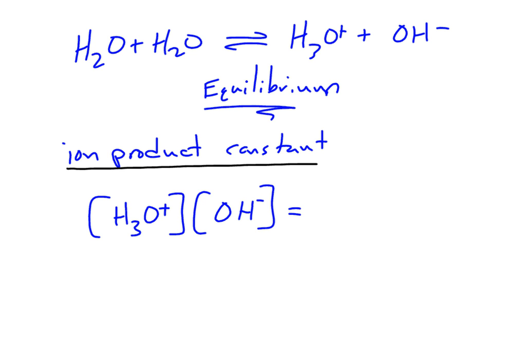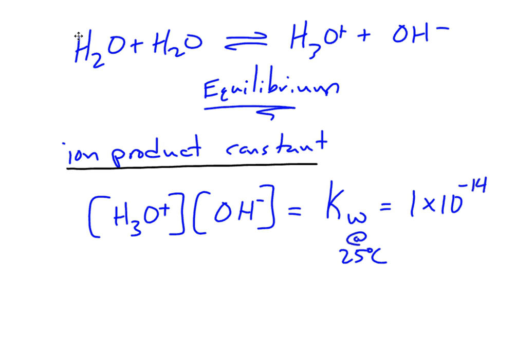In this case, we're going to call that constant the Kw for water, K being the constant and W meaning for water. For water at 25 degrees Celsius, the value of the Kw is 1 times 10 to the negative 14th. So at any time, the product of the concentration of those two ions has to equal 1 times 10 to the minus 14th.